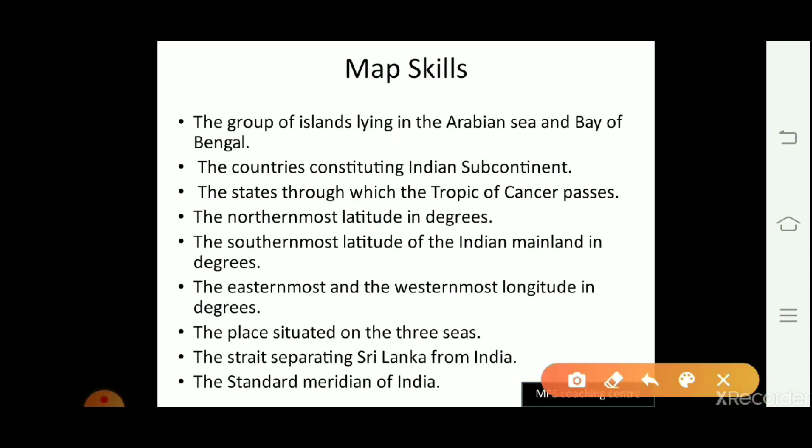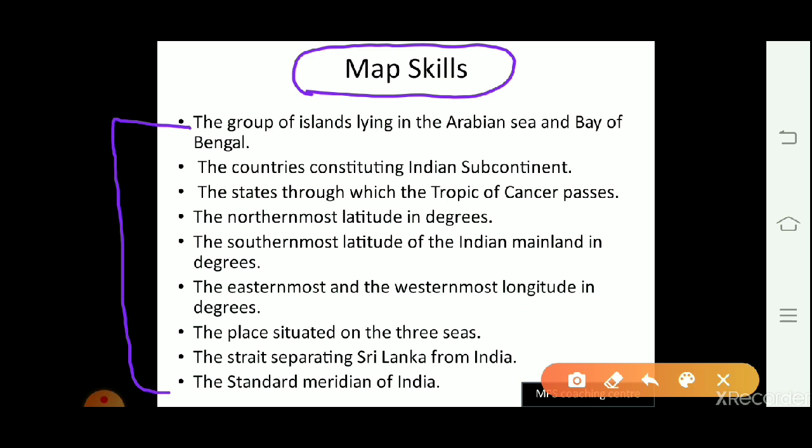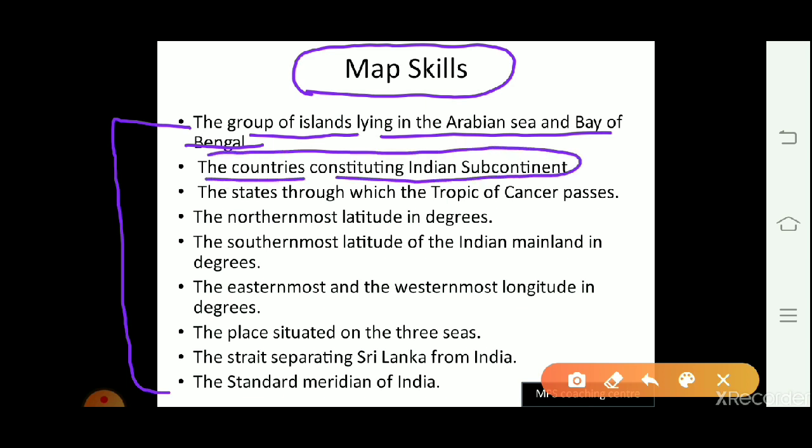So let's take a look at what we're going to discuss in this video as map skills. These are the items which we are going to discuss. We will start with the group of islands lying in the Arabian Sea and Bay of Bengal. Then we will plot the countries constituting the Indian subcontinent. After this we will see in how many states and in which states the Tropic of Cancer passes.